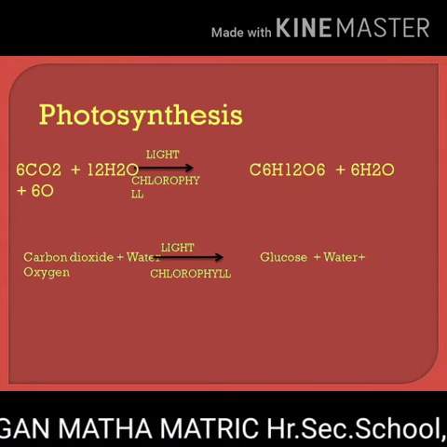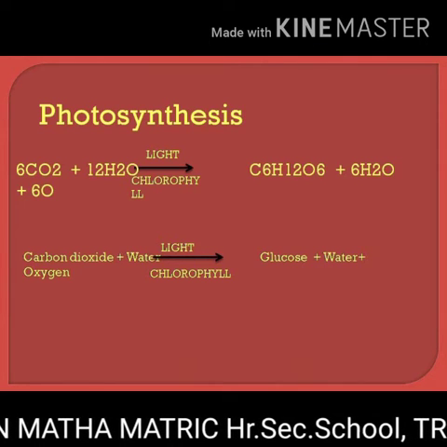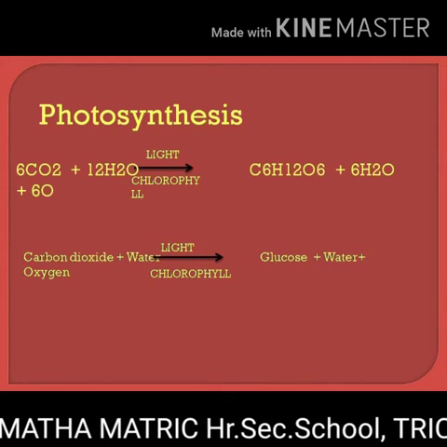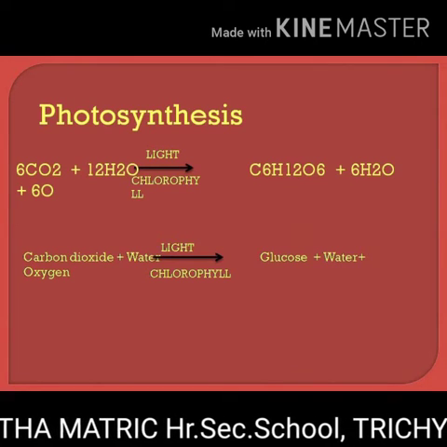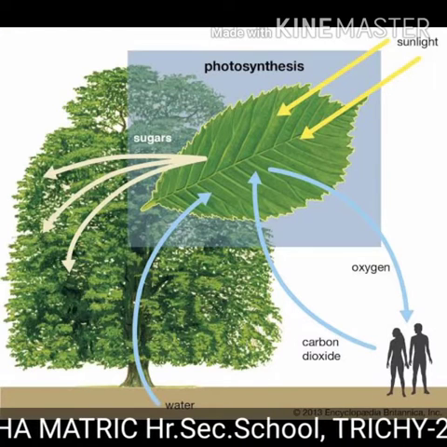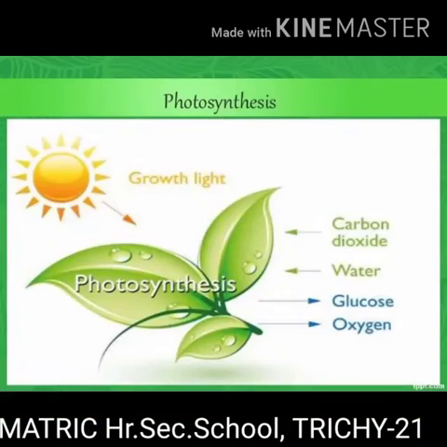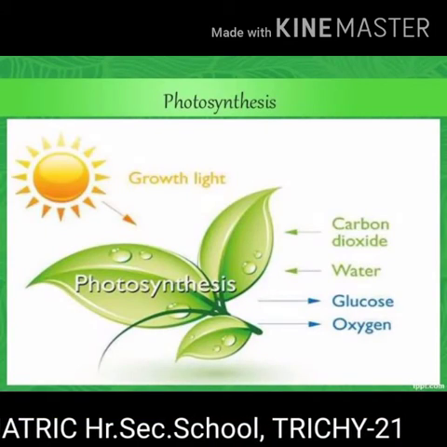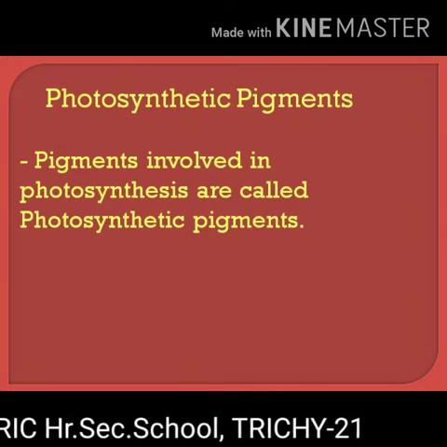In this process, carbon dioxide combines with water in the presence of sunlight and chlorophyll to form carbohydrates. Photosynthesis occurs in green parts of the plants such as leaves, stems and the floral buds.